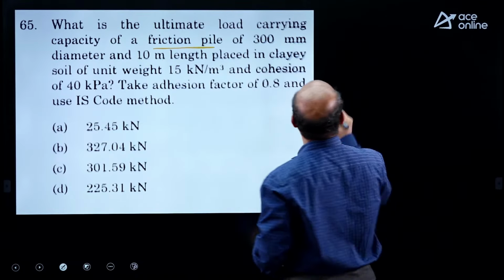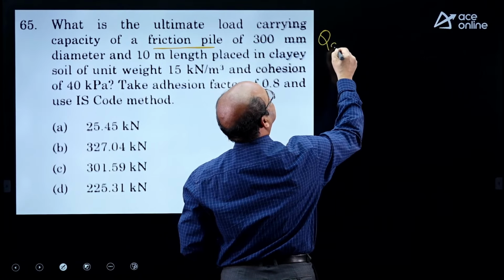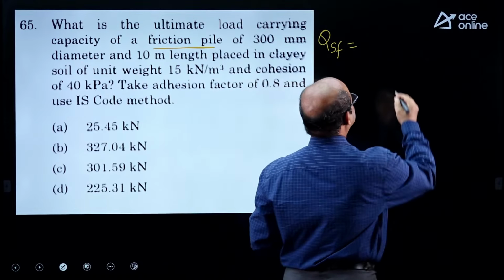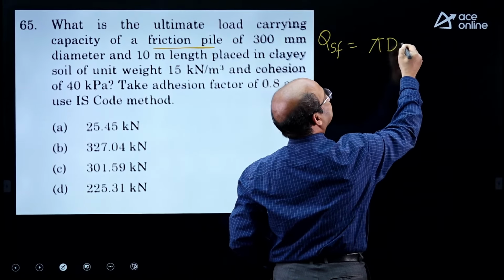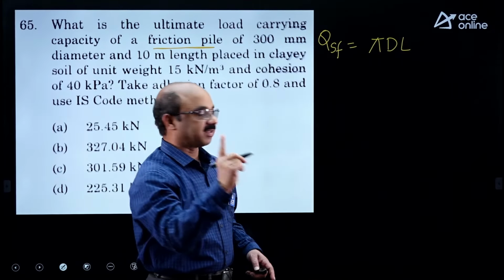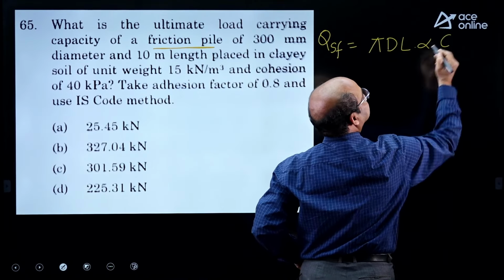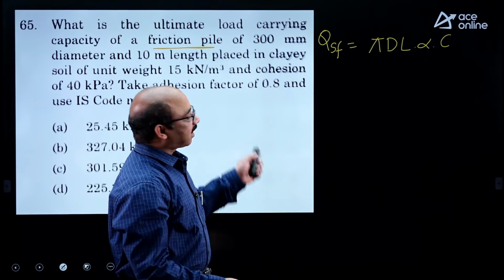We have this formula for the ultimate capacity of the skin friction. The formula is surface area, which means pi d, the perimeter, into length, gives surface area. Surface area into alpha into C. Alpha is the adhesion factor, C is the cohesion. All the data is available there.